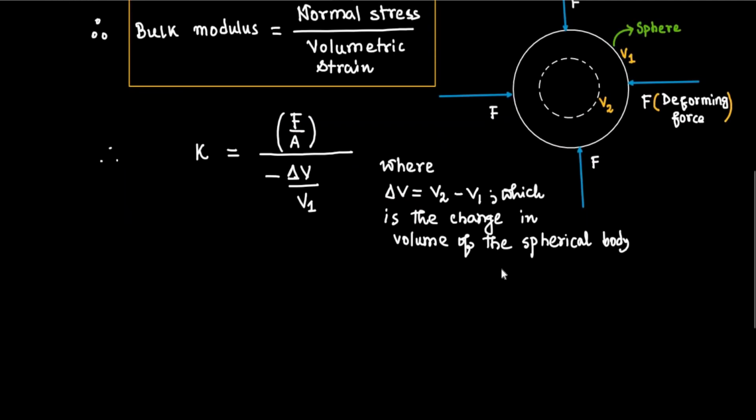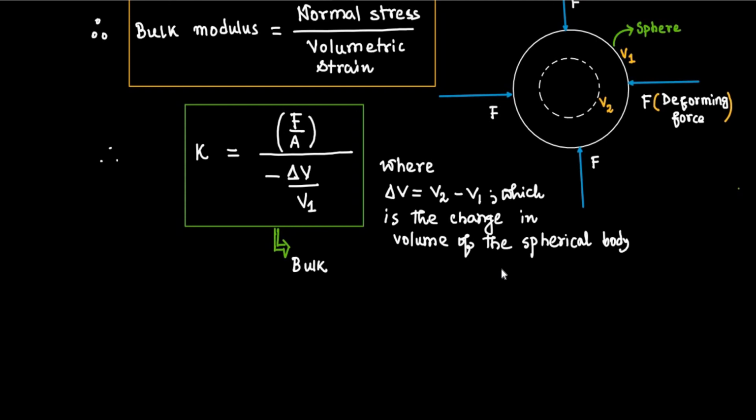K equals F by A divided by minus delta V by V1. That is the expression of bulk modulus of elasticity.